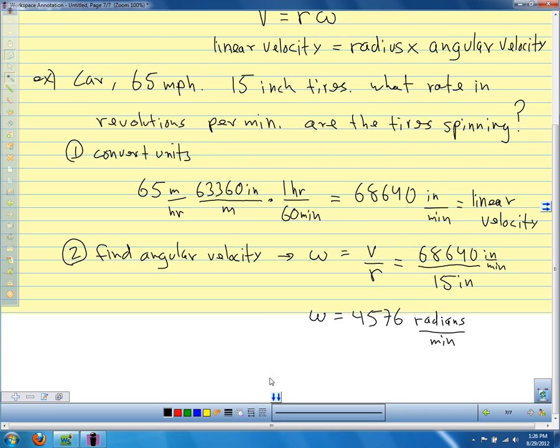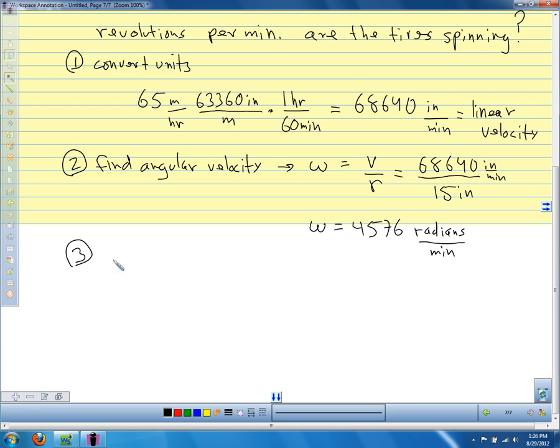So we're going to convert to RPM, revolutions per minute. So we're going to multiply 4576 rad per minute times 1 revolution per 2 pi radians.